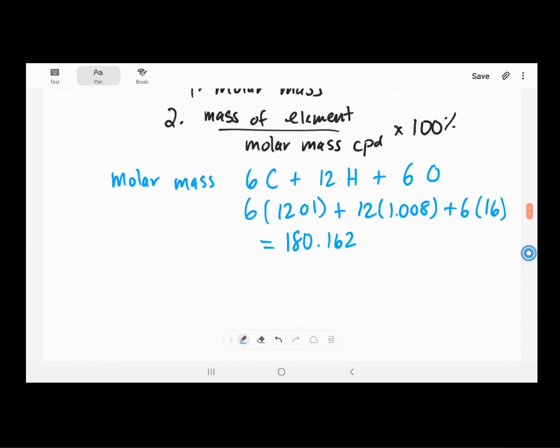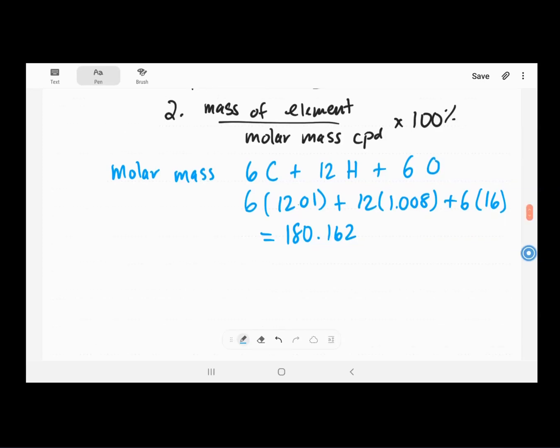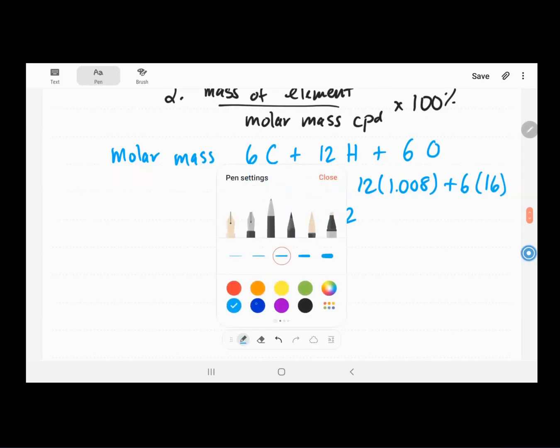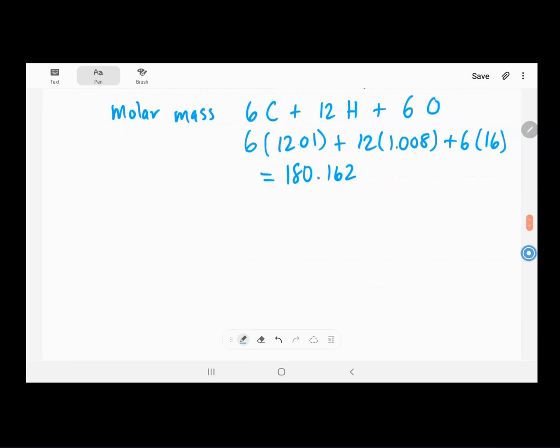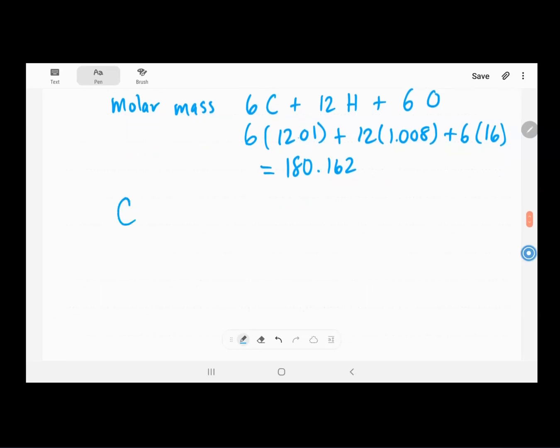So if we want to find the percentage of each element in this compound, we're going to have to do this mass percent thing 3 times. Fine, Robert, go ahead, use sig figs. So if we're working on carbon, notice that we have 6 carbons in this molecule.